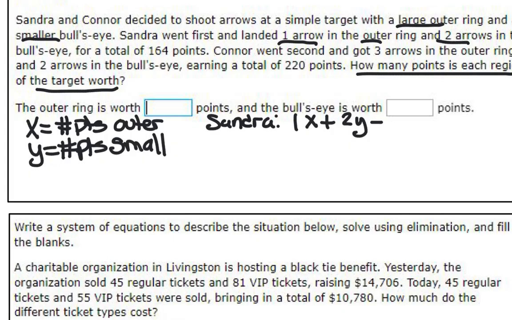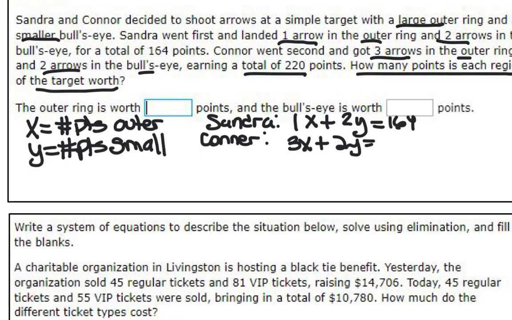And she had a total of 164 points. Okay, Connor had 3 in the outer and 2 in the smaller bullseye. So 3x plus 2y, total of 220.